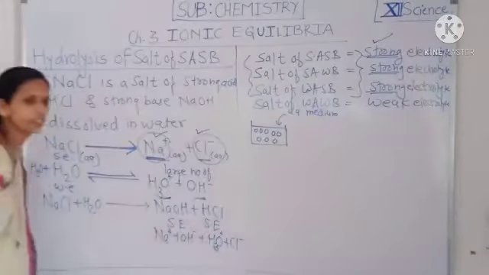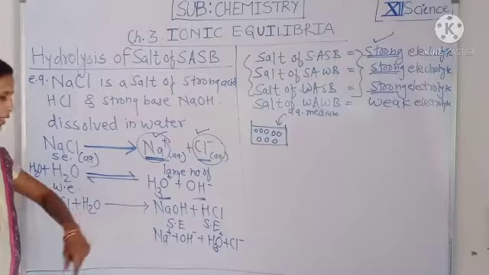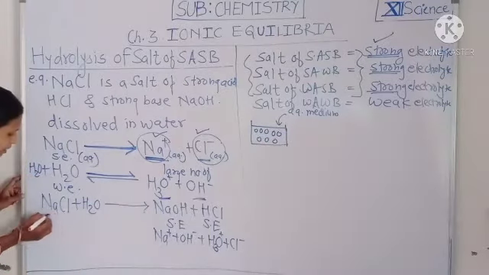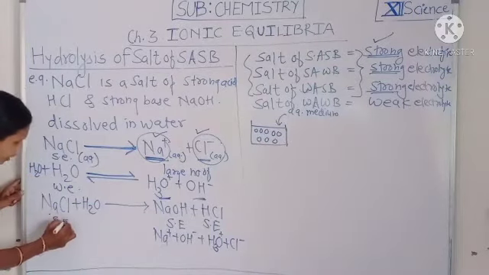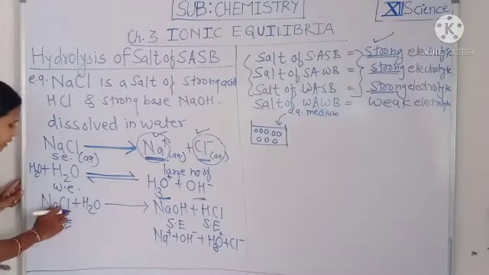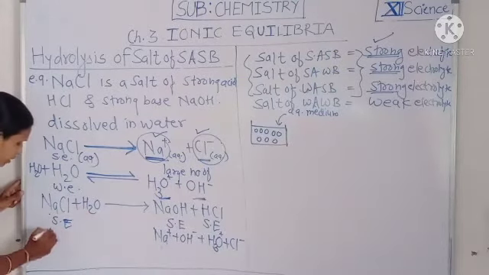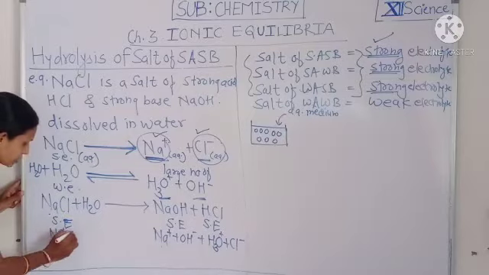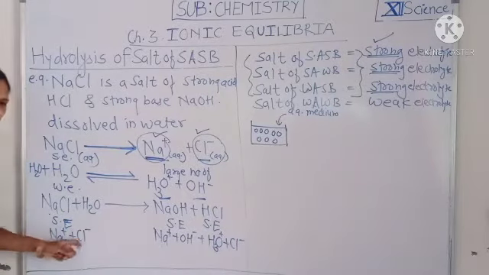And as NaCl is a strong electrolyte, it also dissociates into Na plus and Cl minus ions.